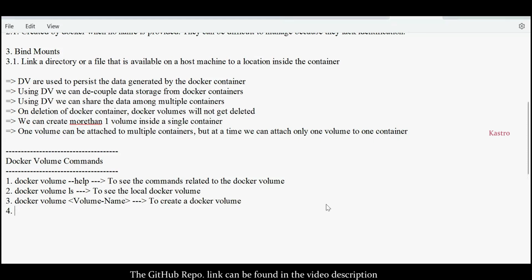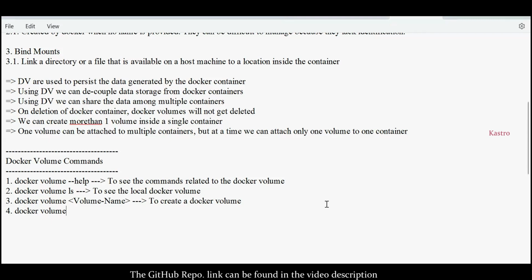That's the next command. And then the next command is, suppose I want to know the details of when the volume was created, at what time the volume was created, the metadata. What is meant by metadata? To know the details: what is the name of the volume, what is the volume ID, when it was created, at what time it was created.